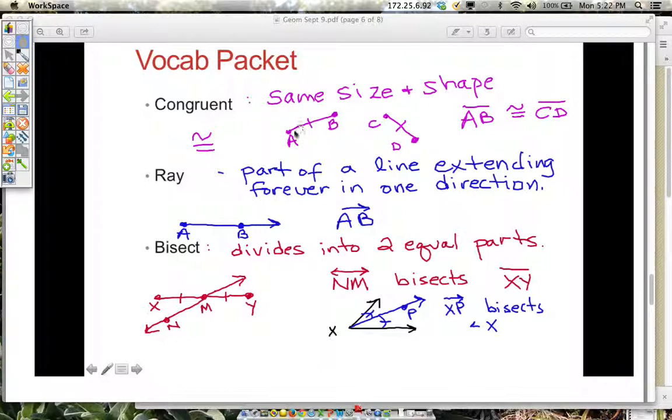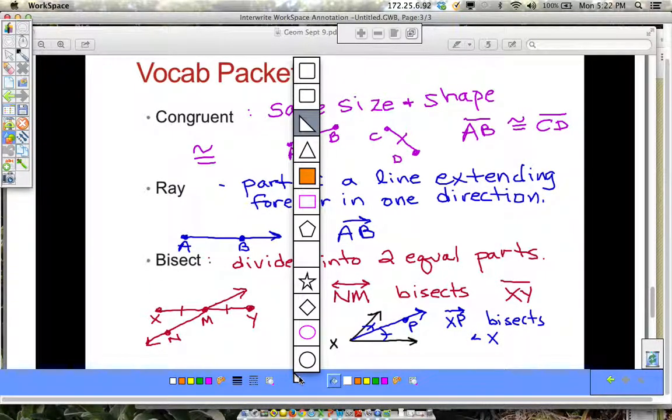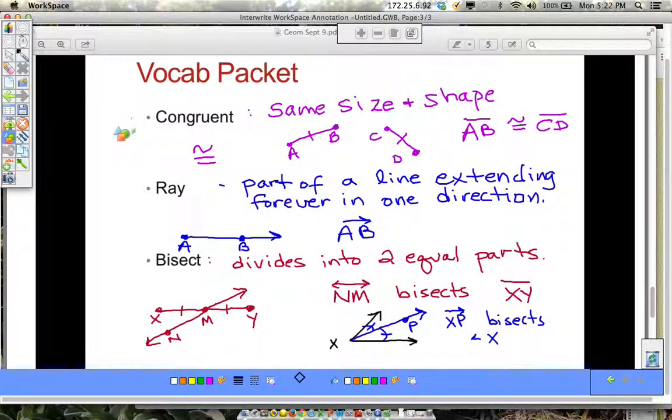So if I want to show that 2 segments are the same size, I need to draw my segment, and then I need to have the same number of hash marks on each segment. So if this one has 1 hash mark, I need to draw 1 other hash mark on my segment CD. If I had another figure, let's just choose this diamond.